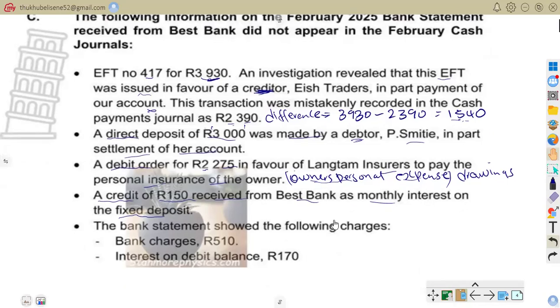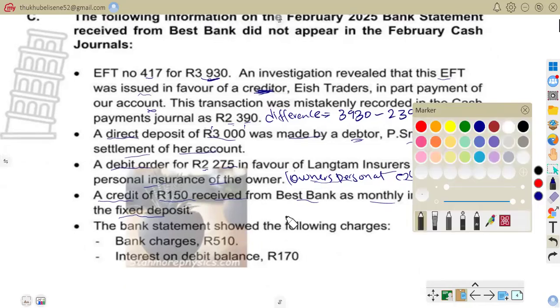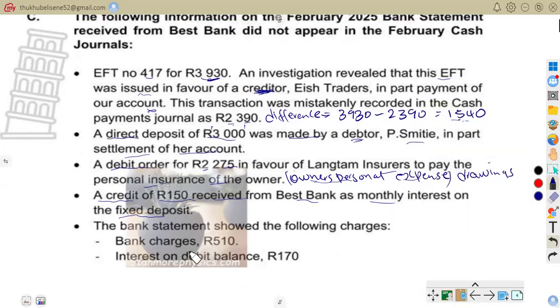So here we are on information C. We are now looking for anything under information C that can go under the cash payment journal. You can see now we have interest on debit balance or bank charges. Sorry, there is also bank charges here. The bank statement showed the following charges.